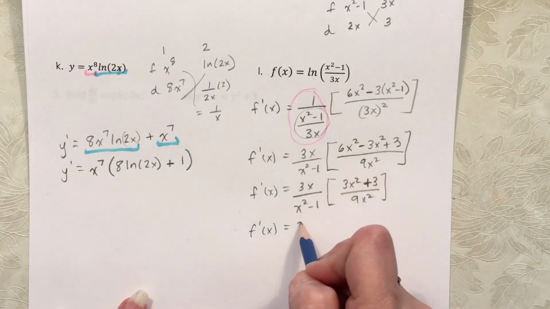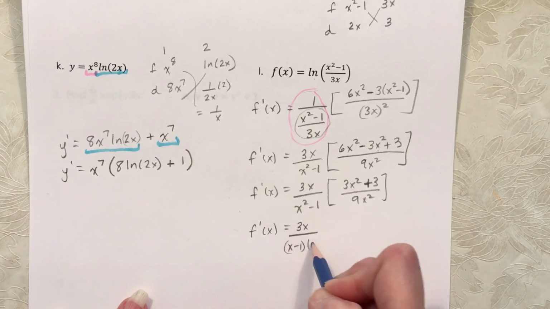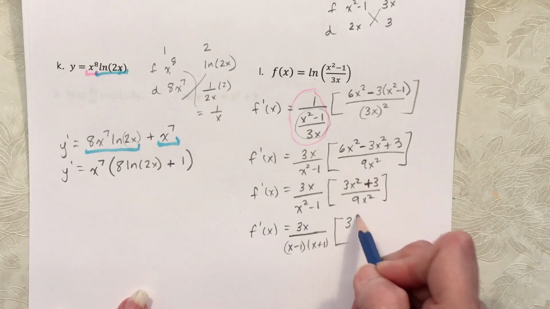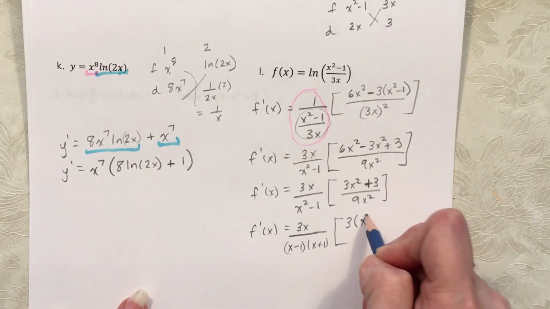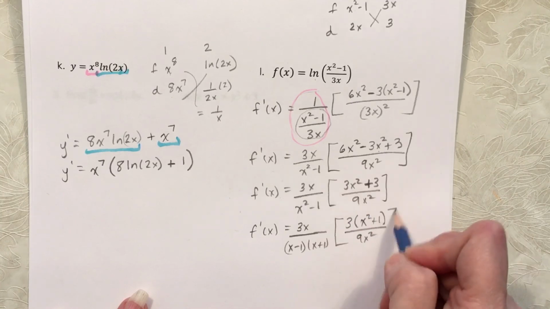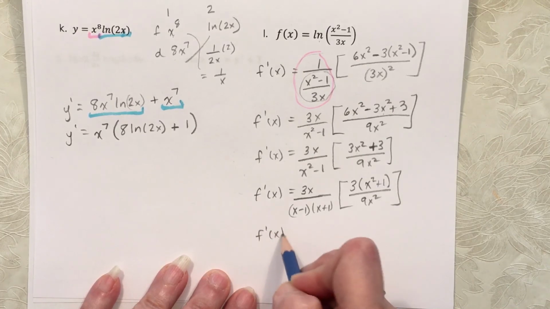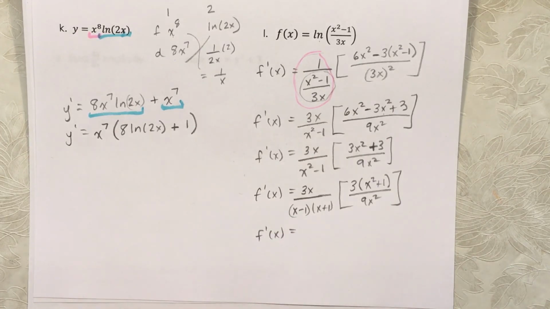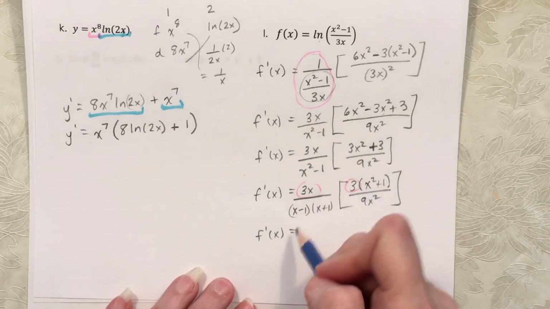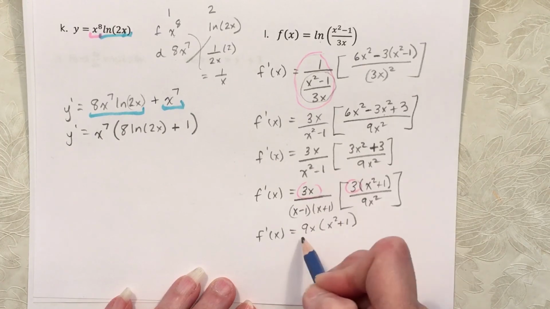So I can factor x squared minus 1 to give me x minus 1 times x plus 1. And then within the square bracket, I can common factor 3 out of the numerator. Within the numerator, I can multiply the monomial parts together. So 3x times 3 is 9x times x squared plus 1.